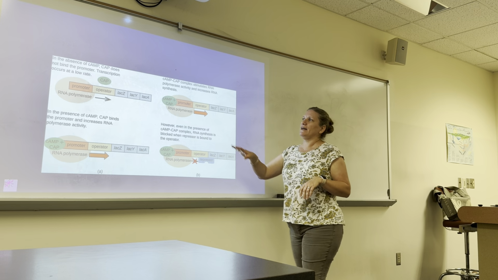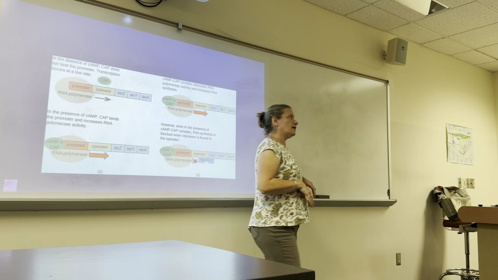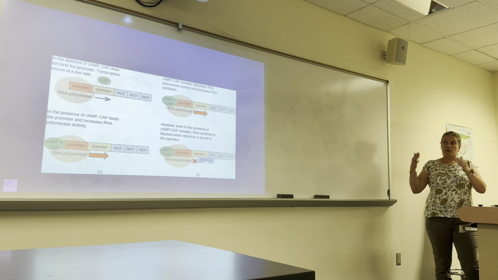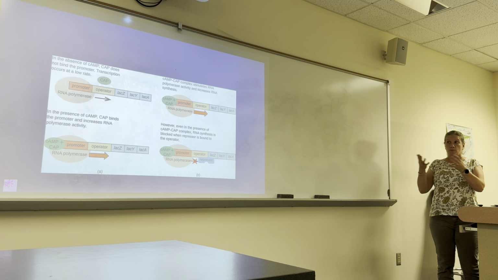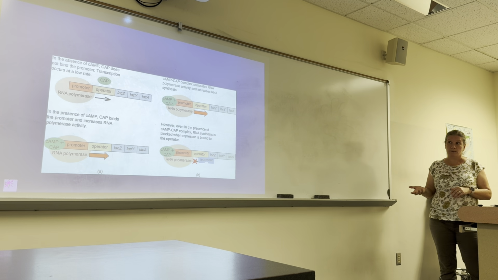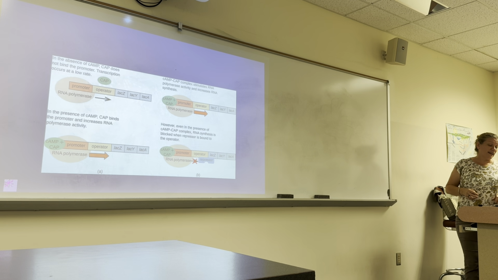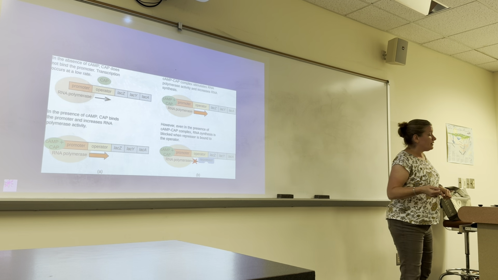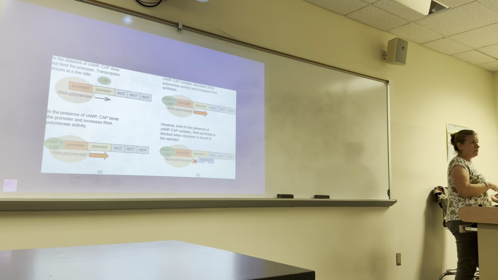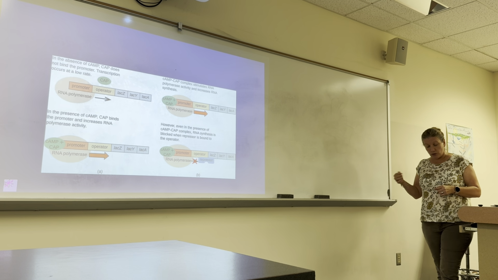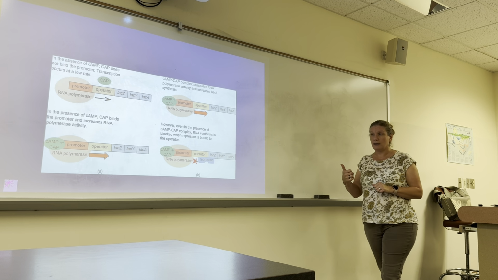Okay, and the CAP binding site is the location where cyclic AMP is going to bind to promote the use of that promoter of the lac operon. Okay, so when glucose levels are high, cyclic AMP is going to be low, and therefore it can't bind CAP. When glucose levels are low, cyclic AMP is high, so it binds CAP.